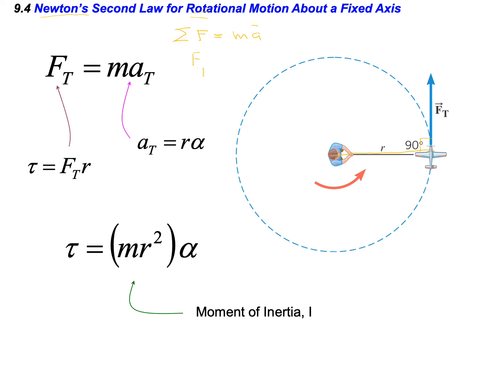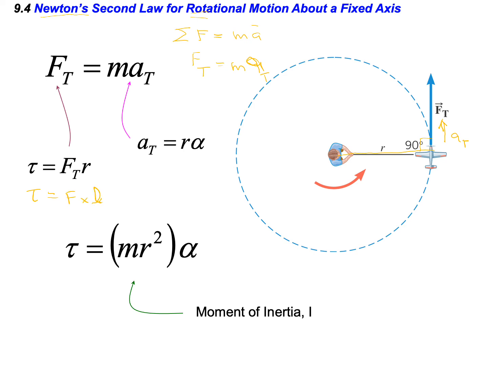So the tangential force is equal to, we just apply Newton's law to this case. Here the force is tangential force, because it is tangent to this circle, and it equals mass of the airplane times acceleration also in the direction of the force, tangential acceleration AT. Okay, so m AT, same equation. But we learned that tau, the torque, is equal to force times lever arm.